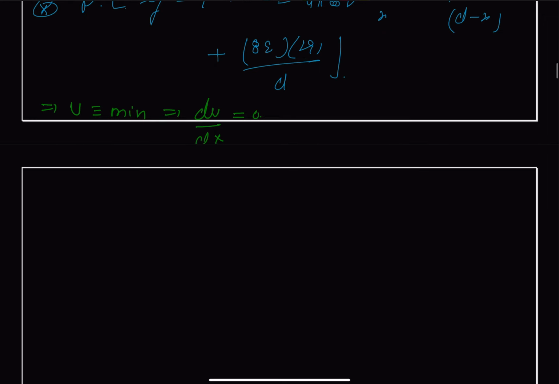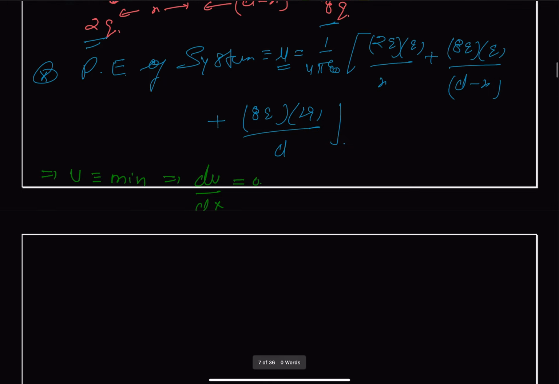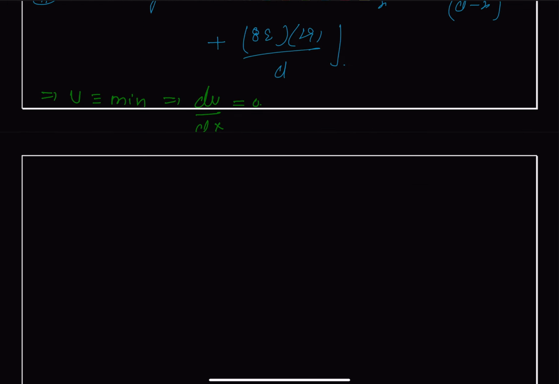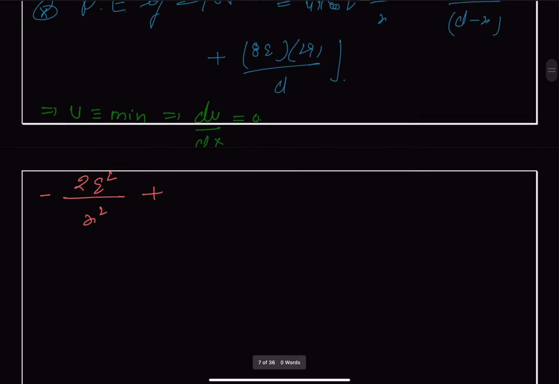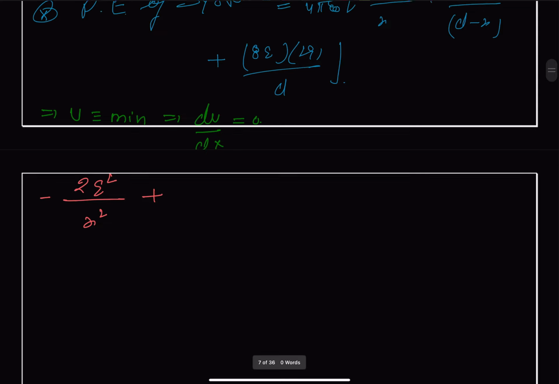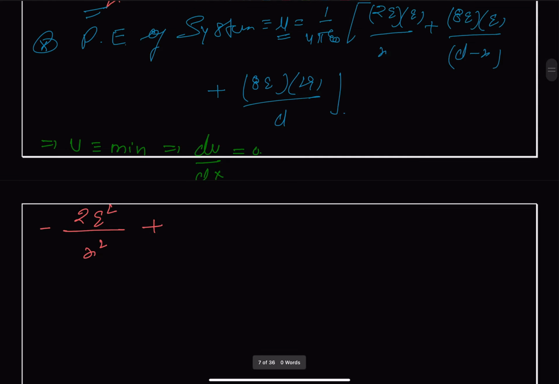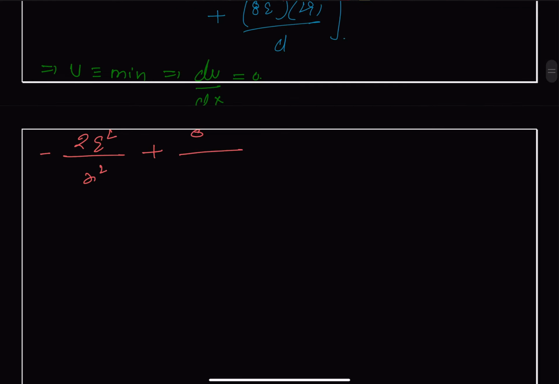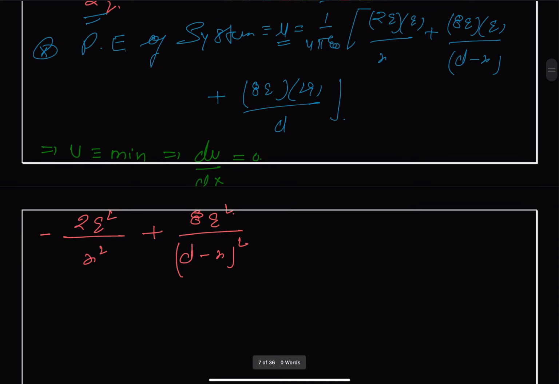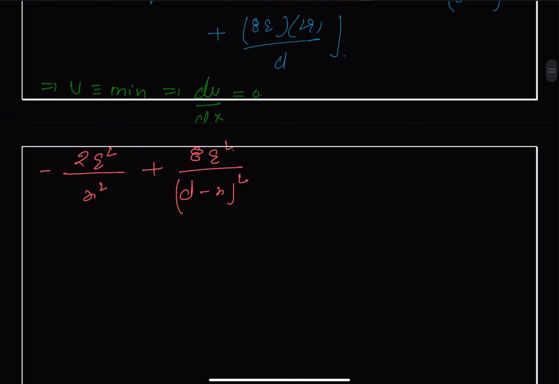So we can differentiate it, and differentiation is going to give us minus 2Q square upon x square plus 8Q square upon D minus x whole square should be equal to 0.